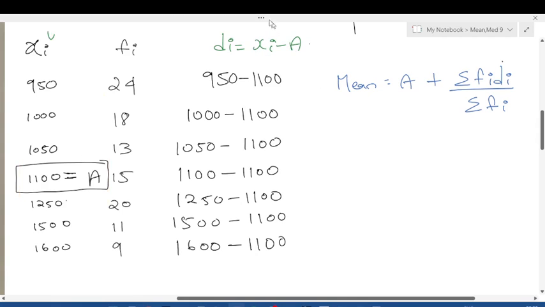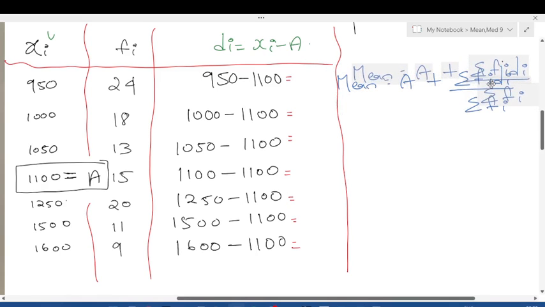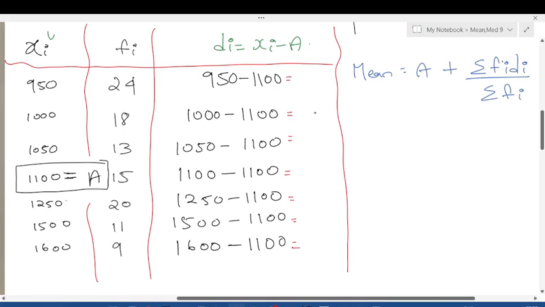This is what you're supposed to write in the exam. Draw the table. Once you have written this, calculate 950 minus 1100, students.